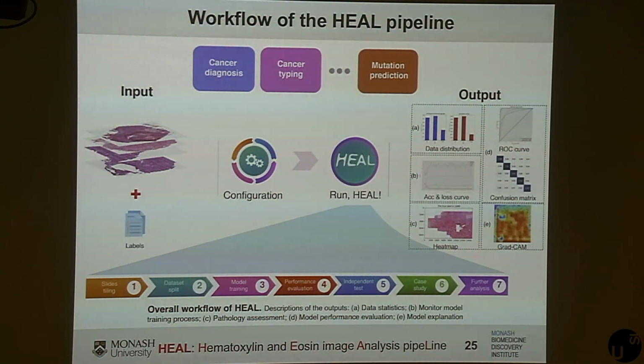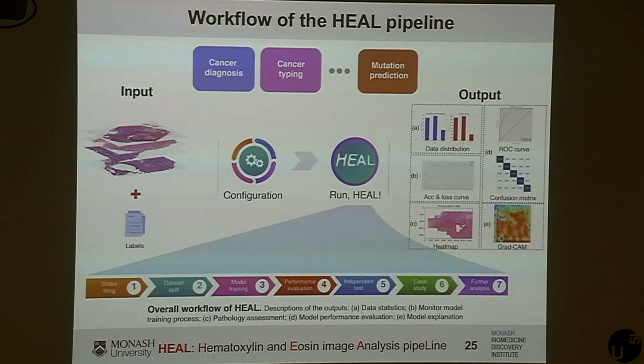There are a number of functionalities that the HEAL package could provide. For example, it can enable the user to perform cancer diagnosis, cancer typing and subtyping, and also perform molecular gene mutation prediction from the image data, and also provide prognosis modeling as well.